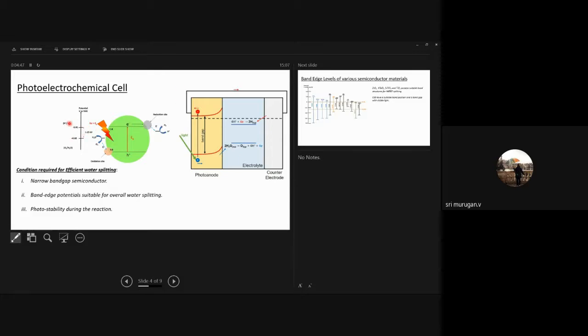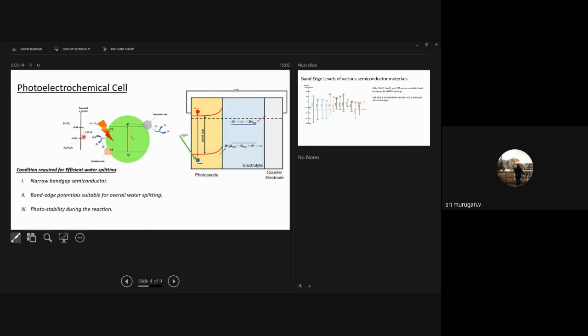There are some primary conditions to satisfy, and only then can you use that semiconductor as a photoanode. That condition is it should be a narrow band gap semiconductor, and its band edge potentials should be suitable for overall water splitting. So it has to be between about 0.4 volt and plus 0.28 volt.